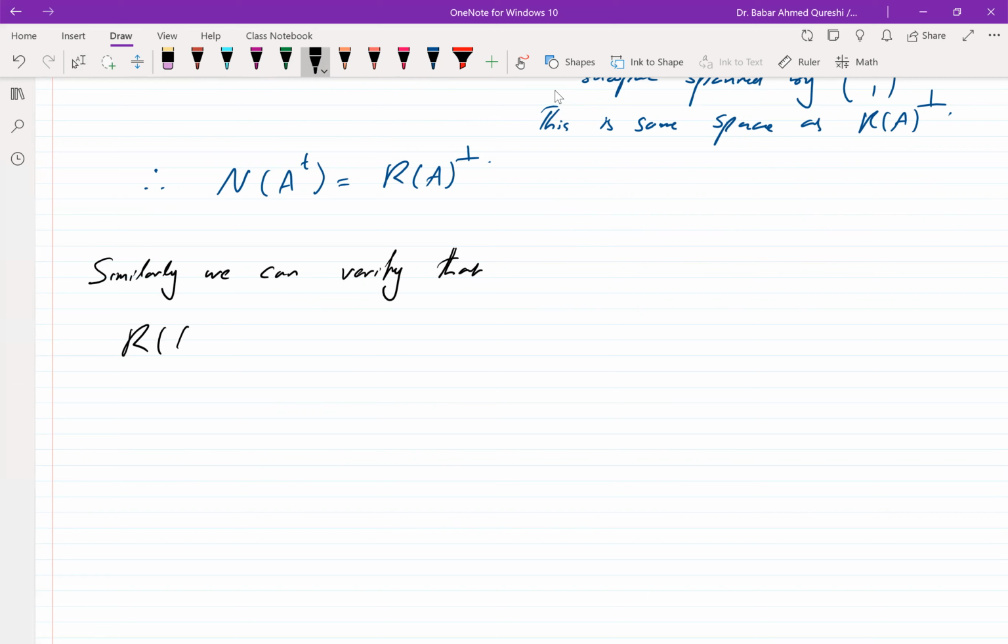if I start with the column space of A transpose, this should turn out to be equal to the null space of A. If you don't want to deal with the null space of A transpose, you want to make a statement about null space of A, then you have to compute the column space of A transpose.